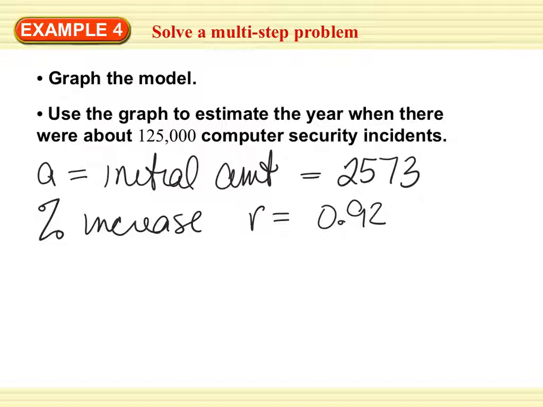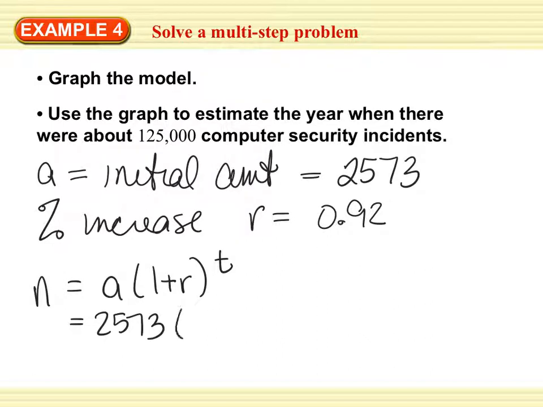So the exponential growth model is n equals a times 1 plus r to the t. My initial amount, 2,573, times 1.92, which is 1 plus r, to the t. t is my unknown. Okay, there we go. That is my exponential growth model.